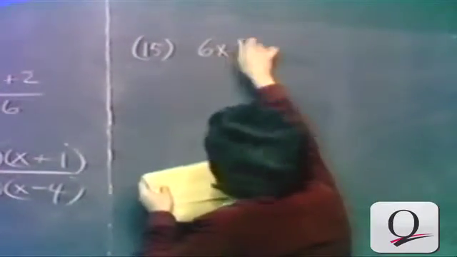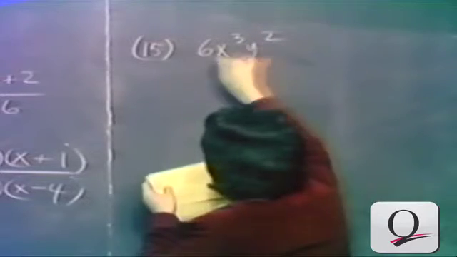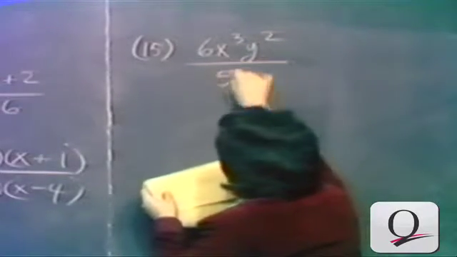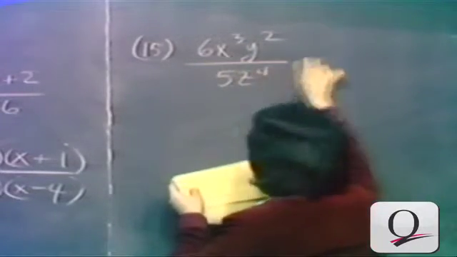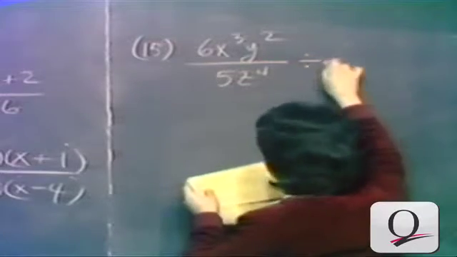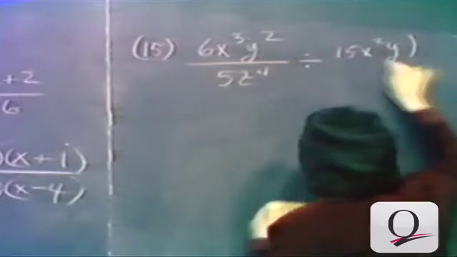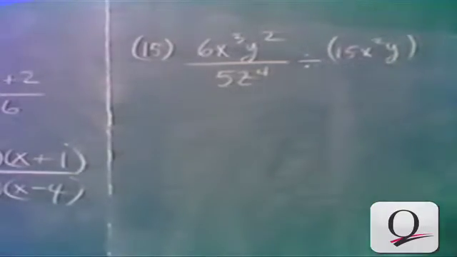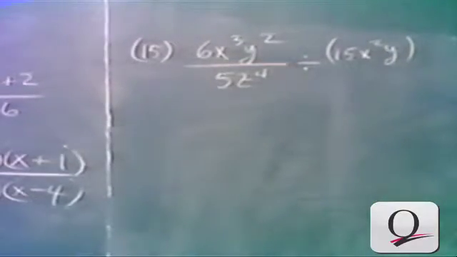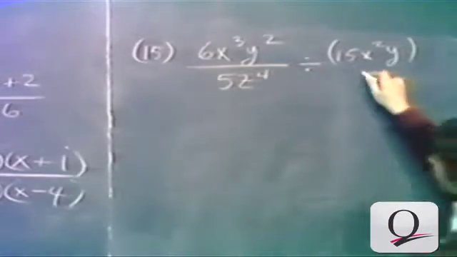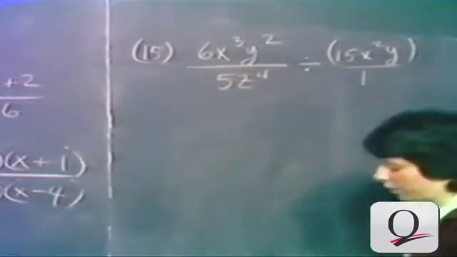In 15, we have the following: 6x cubed y squared over 5z to the 4th divided by 15x squared y. All right. Well, it's like dividing by this over 1.